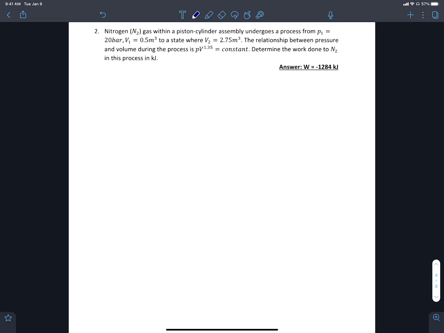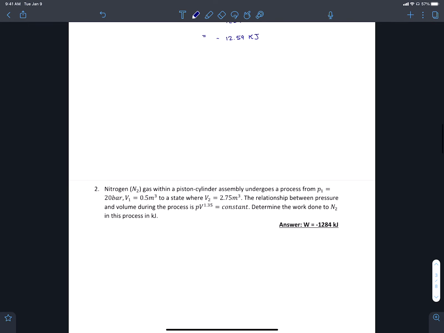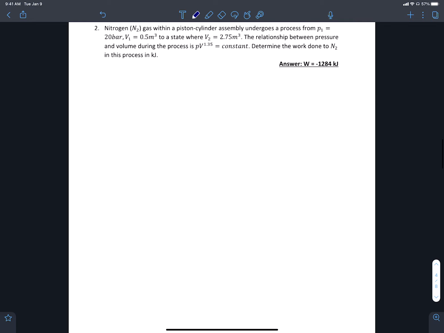The relationship between pressure and volume during the process is PV to the 1.35 equals constant. Determine the work done to N2 in this process in kilojoules. Oh, did the previous problem ask you in kilojoules? Oh, never mind, it asked me in kilojoules. Okay, all right, so let's take 5 minutes to do this and then reconvene.